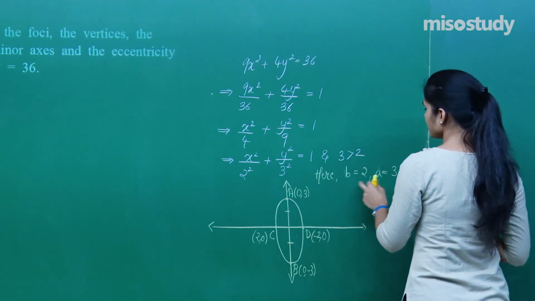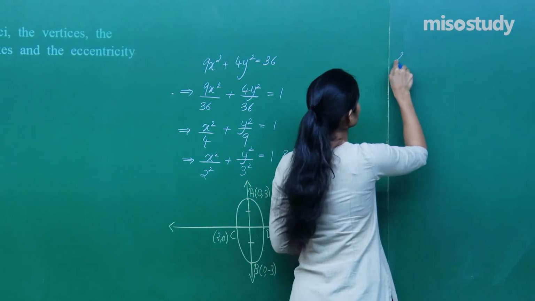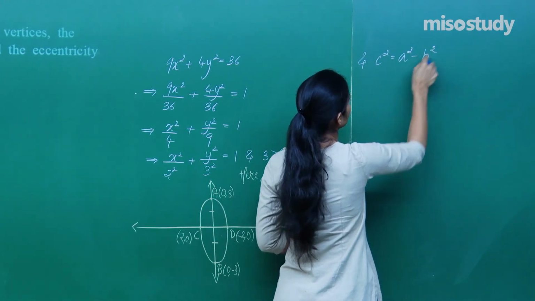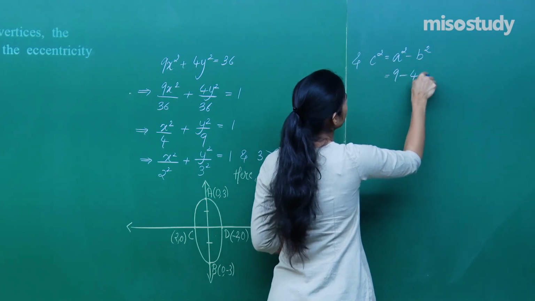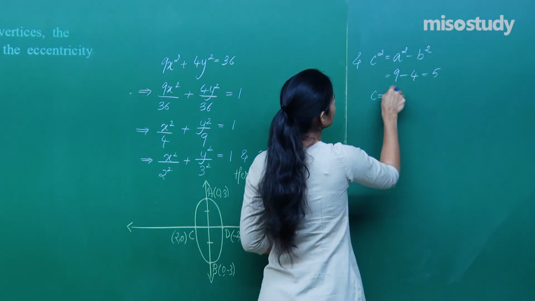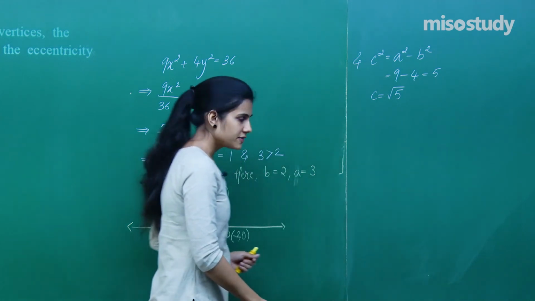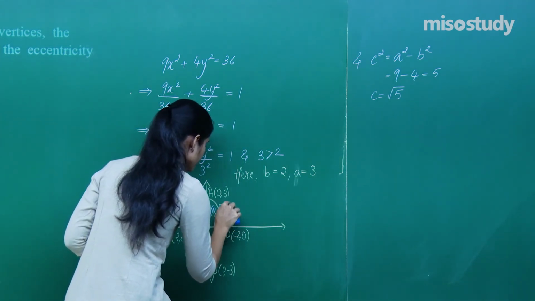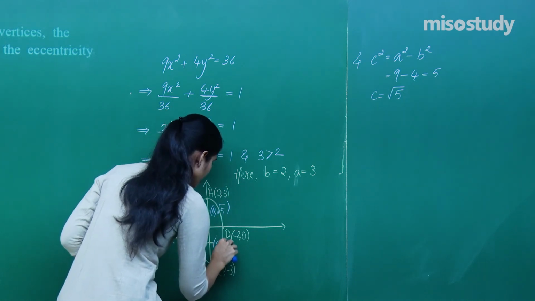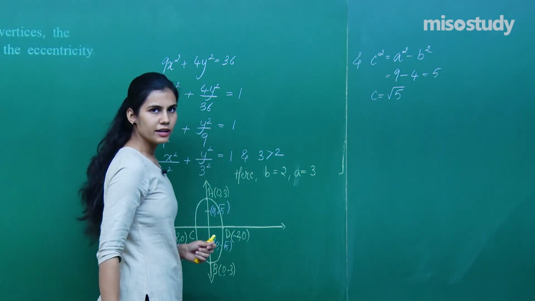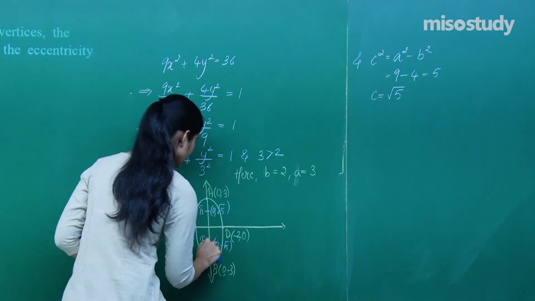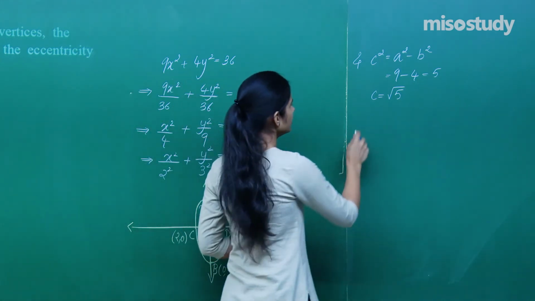Now I know if A is 3, B is 2 in an ellipse, C square is A square minus B square. That is 9 minus 4 which is 5. So C is root 5. If C is root 5, the coordinates of the first focus are (0, root 5) and this is (0, minus root 5). This is my first focus and this is my second focus.